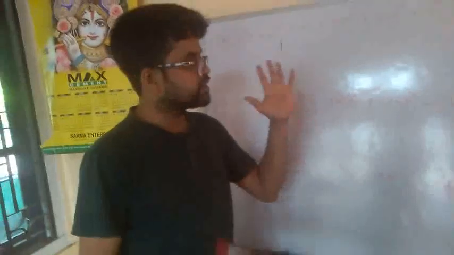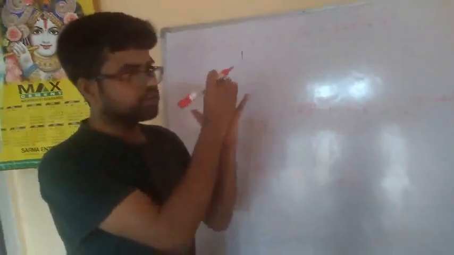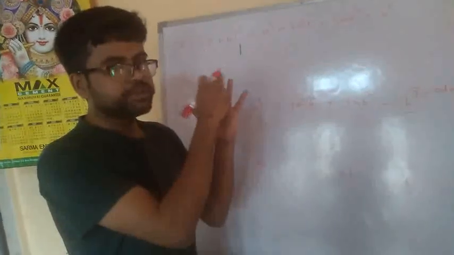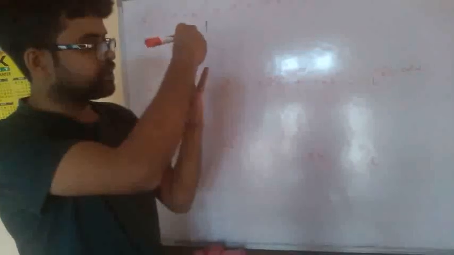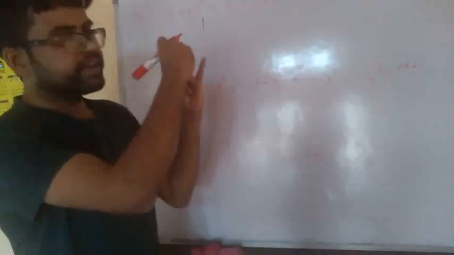Whenever you have 4 terms, which one will you consider as the middle term? Like in case when you have 5 terms, you can take the third term as the middle term, but whenever you have 4 terms, you cannot take a single middle term. So you have to take the second and third terms as the middle terms. So here we have 2 middle terms. In front of those 2 middle terms you have to write 3.